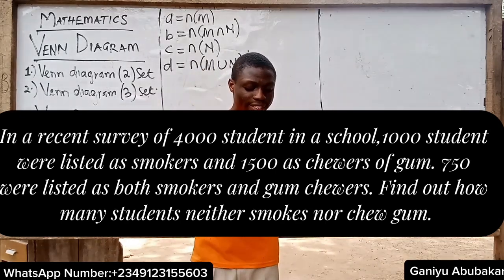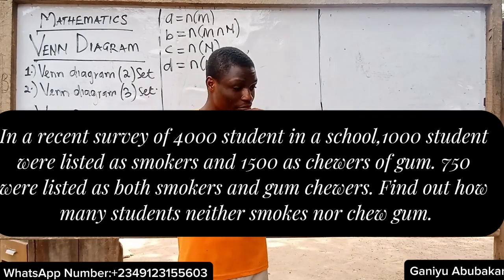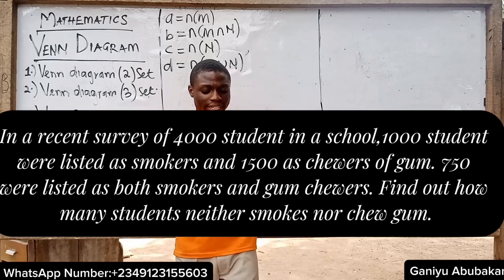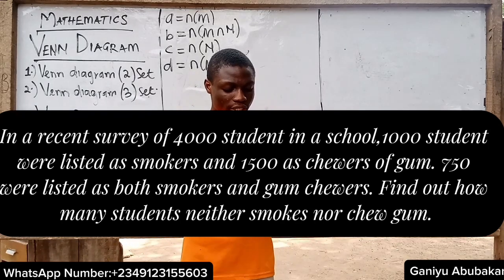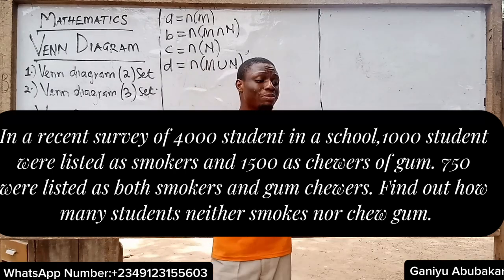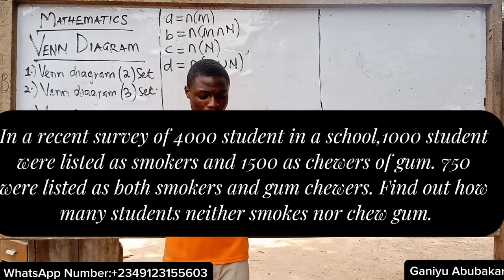1,000 students were listed as smokers and 1,500 as gum chewers.